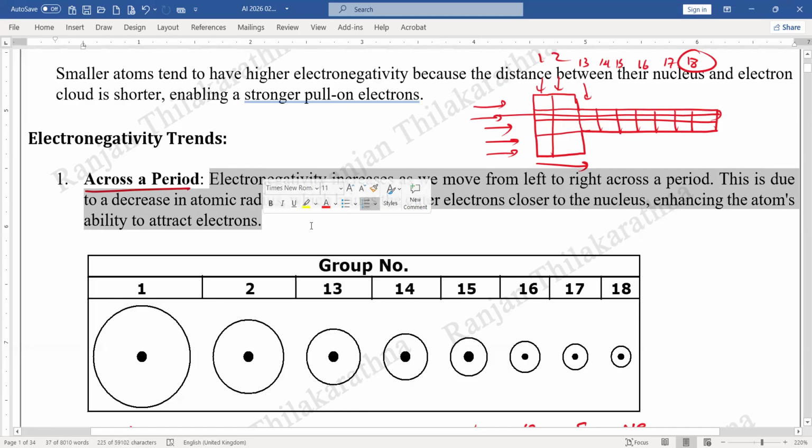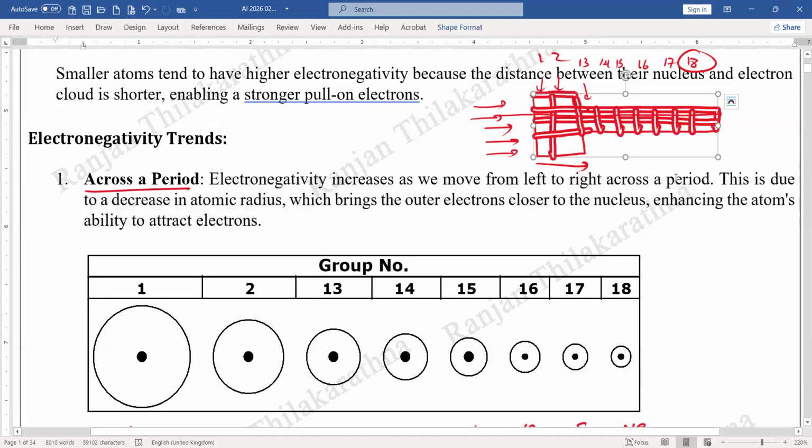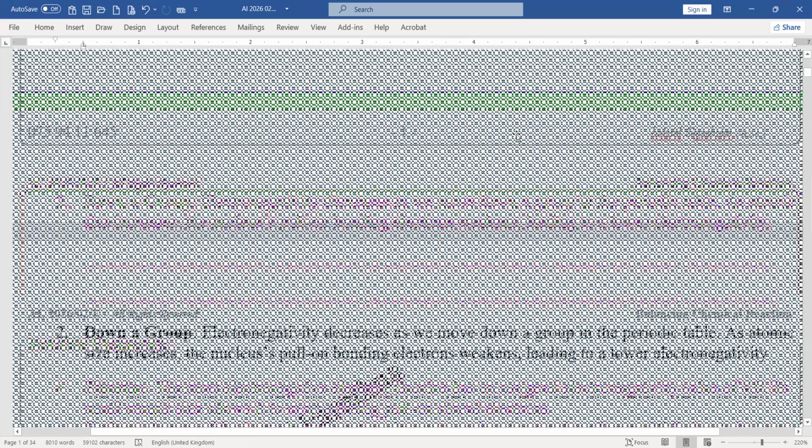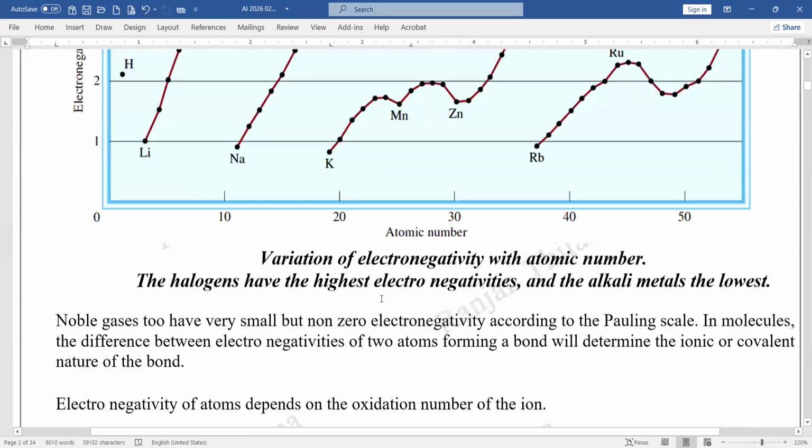Because of the decreasing size and the increase in nuclear charge, the electronegativity will increase from left to right across a given period. Here we are considering only the S and P blocks, but here I have given you the electronegativity table, the Pauling table, and also another table.